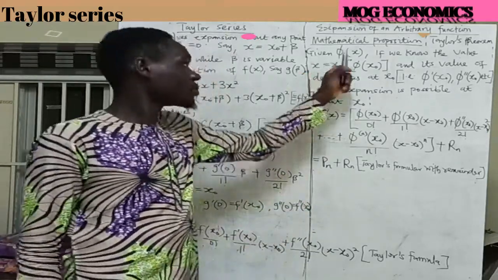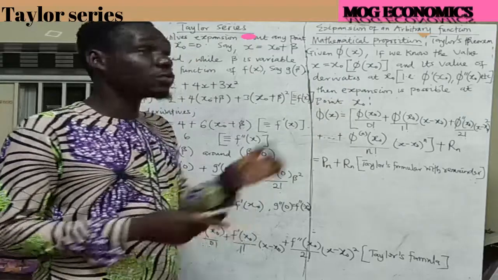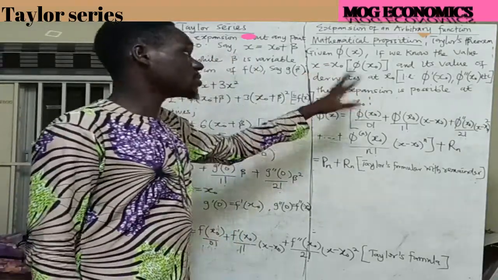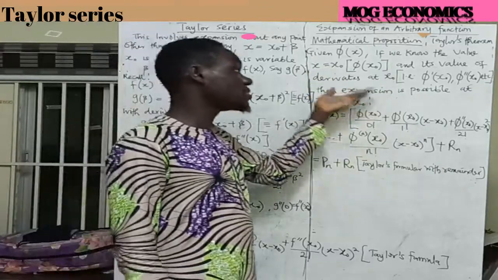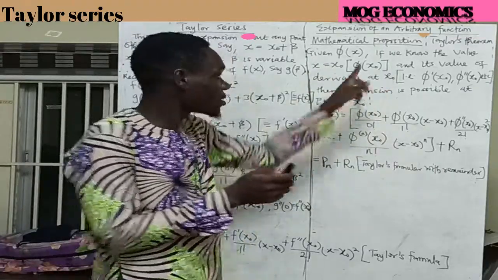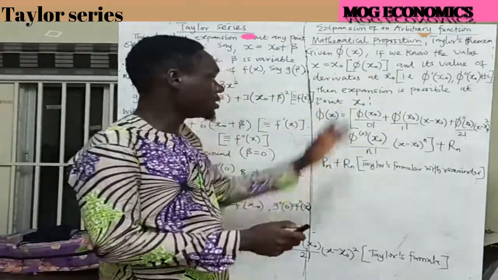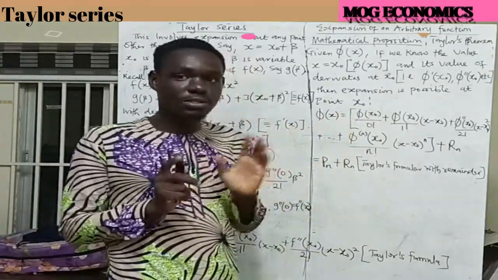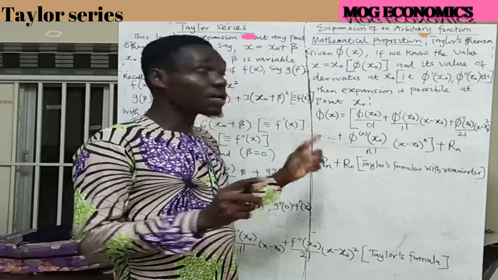If we know the value of x, and the value of derivatives at that particular chosen value is also known, then an expansion is possible at that value. That's basically what the theorem says.